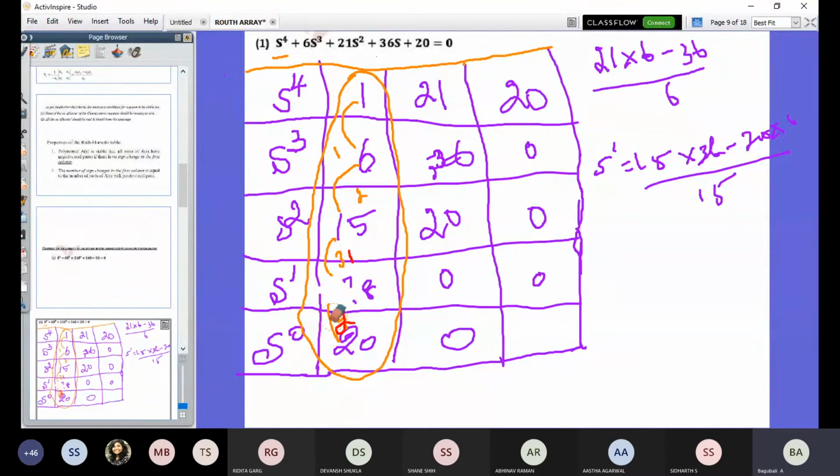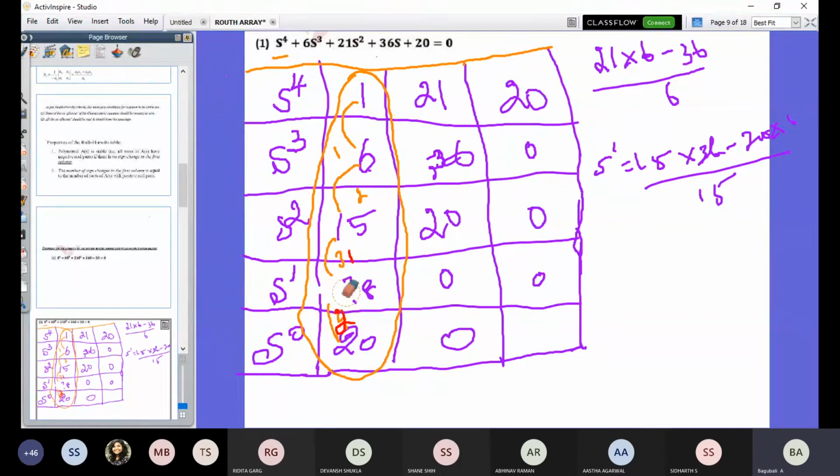Sometimes they will ask the question: conclude whether the system is stable or unstable, and determine how many roots are located in the right half of the S plane, left half of the S plane and on the j omega axis. In that case you check whether there are any sign changes, and accordingly we can say.